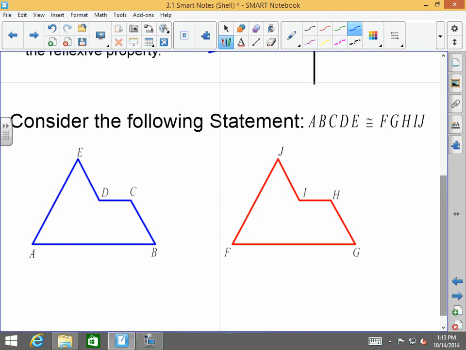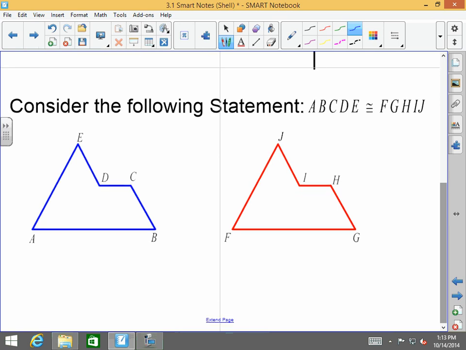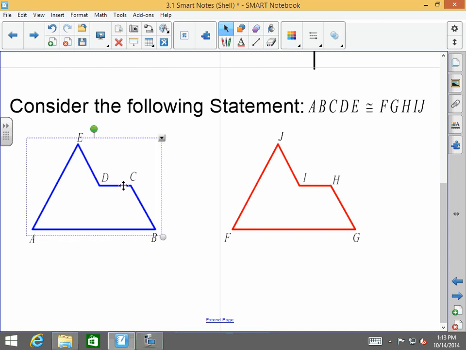Okay, next, consider the following statement. What if I tell you that ABCDE is congruent to FGHIJ? You can sometimes conclude that this is true if you just slide the figure. Before we already saw a reflection.